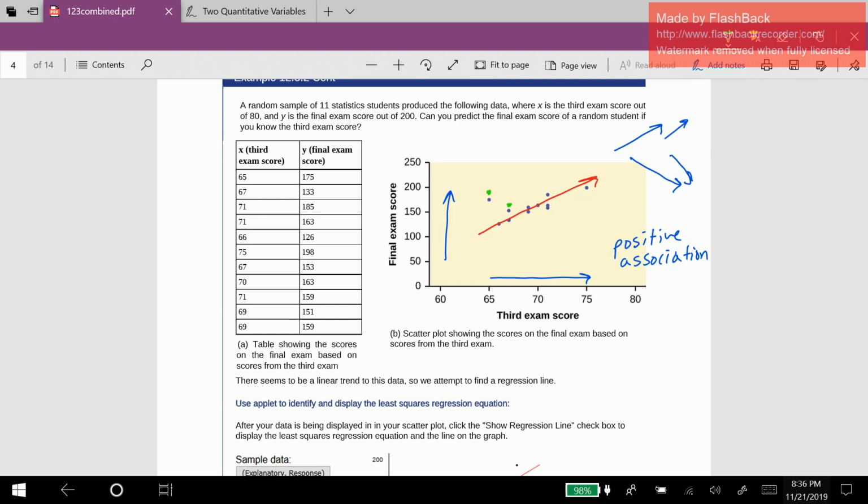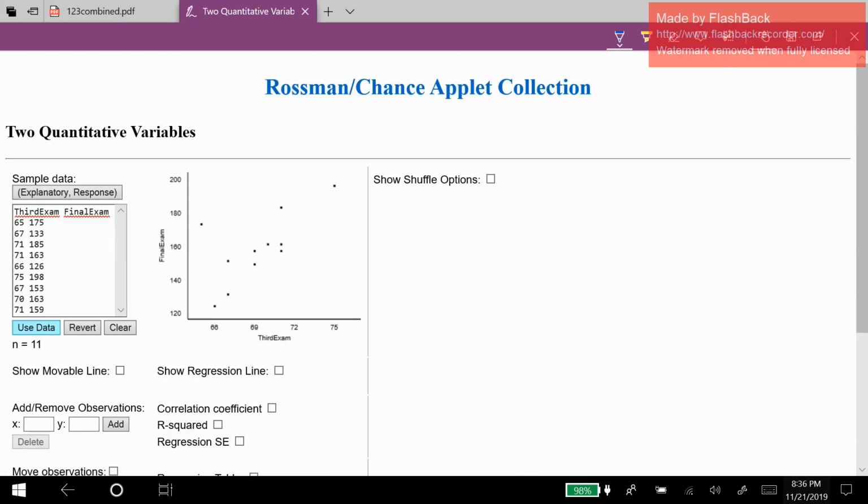We continue by taking this information and putting it in our applet, which I've already done here. We see the same picture here, although it's a little more zoomed in, which is nicer, so we can see the overall picture.